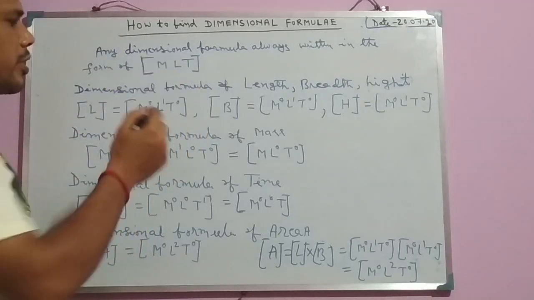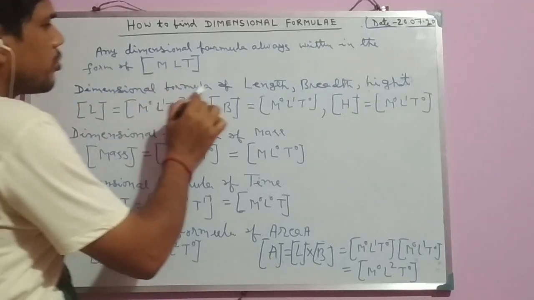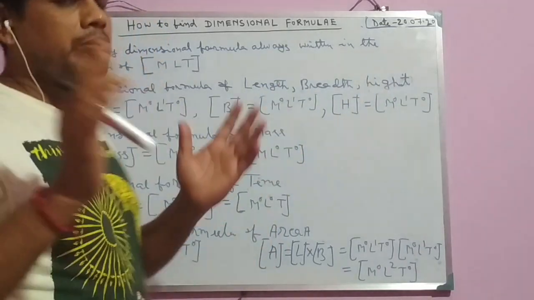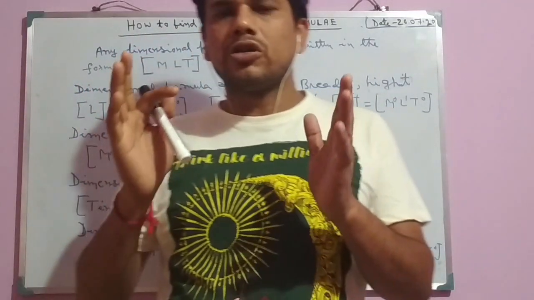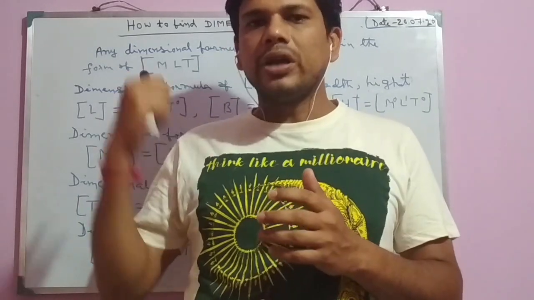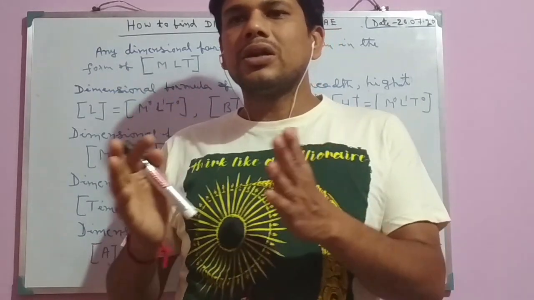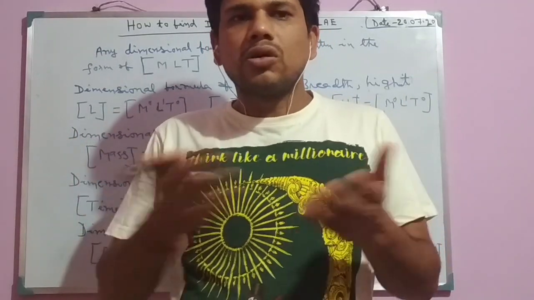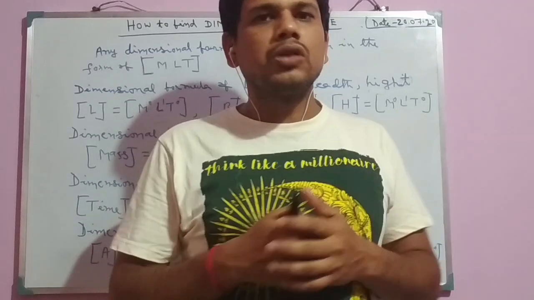Suppose we want to find the dimensional formula of length, breadth, height. Now dimensional formula of length, if you want to find, what will it be? Length is related to what? Just length. It is not related to mass and it is not related to time.